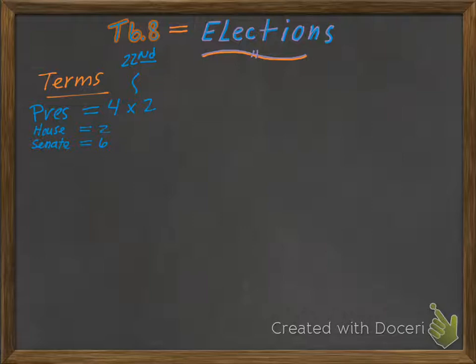Okay, over on the right here, we want to introduce you to what are known as election cycles. There are actually 2 types of election cycles. The first type is what we call a presidential election cycle.